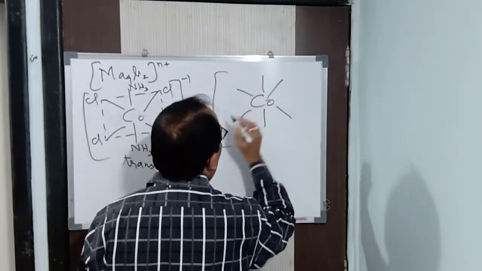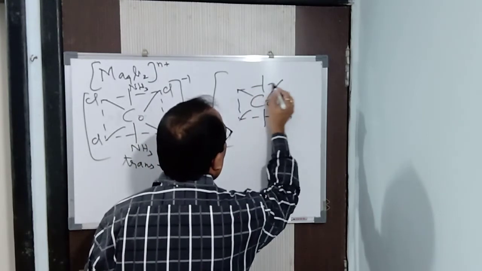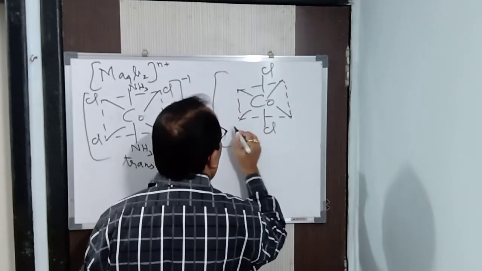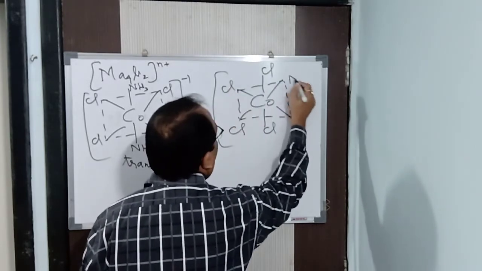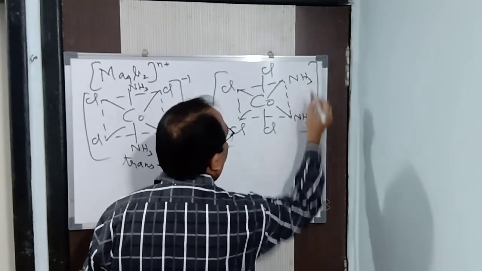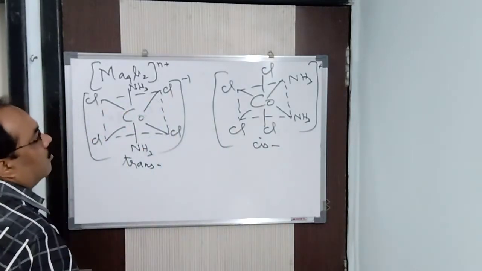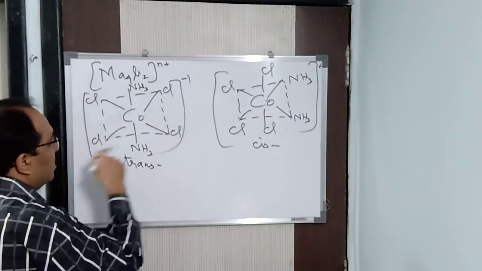So first let me draw the dotted line. Here it will be Cl, here Cl, here also Cl, here also Cl, here NH3 and NH3, with the same plus charge. This is your cis. So what you find is that here the diagonal is the same, which means it is trans.